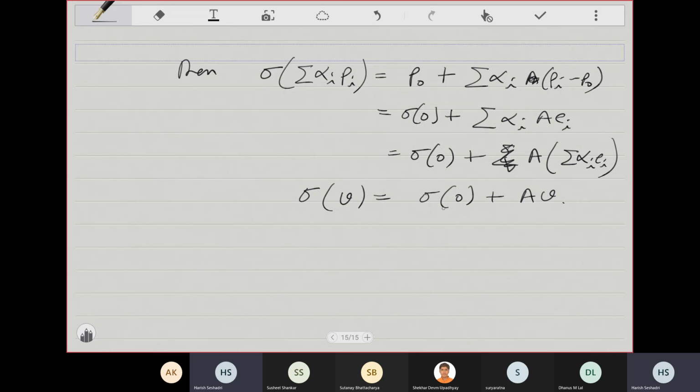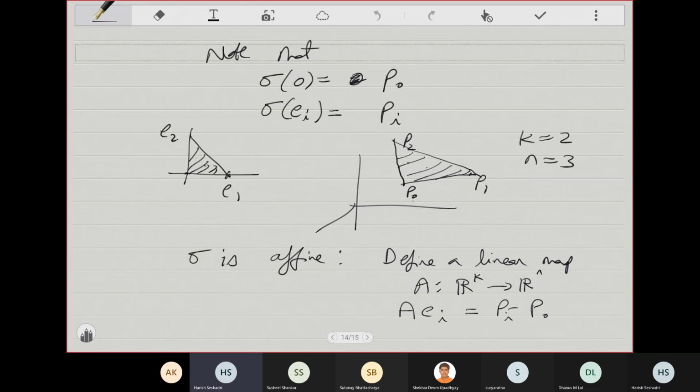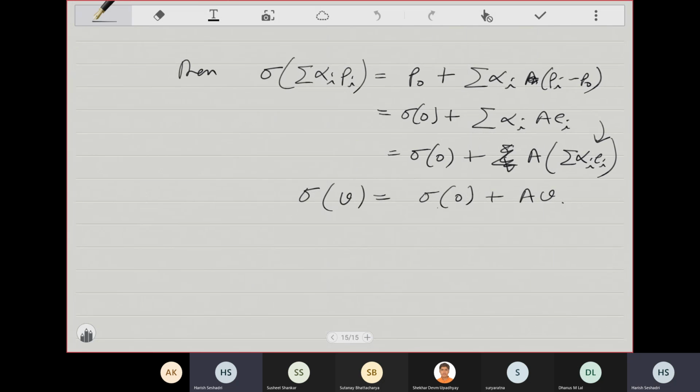So we have written it as sigma 0 plus a linear map. By the way, going from here to here, I said that you define a linear map by A ei equal to this. So obviously that means that any linear combination of the ei's will be taken to the corresponding linear combination of Pi minus P0. That's how I got from here to here. So then I'm done.